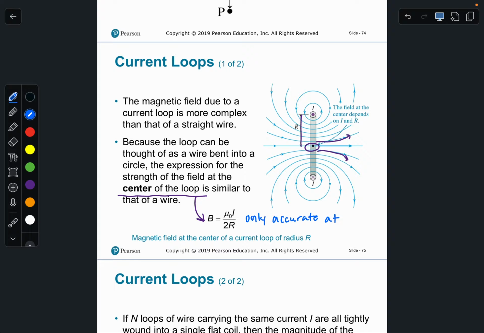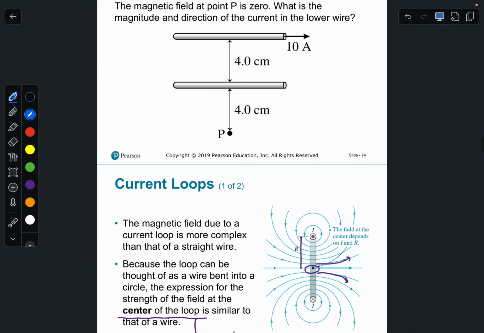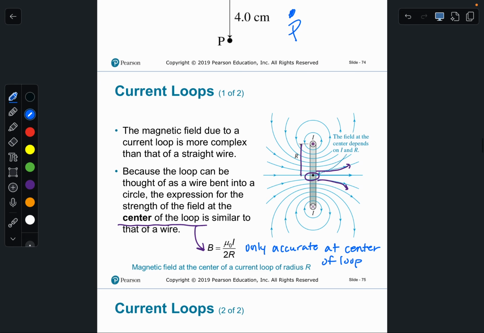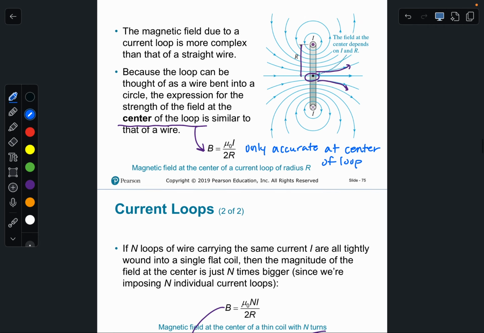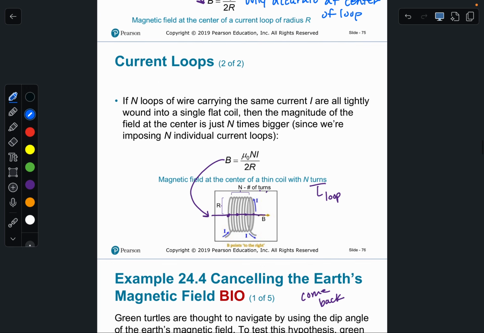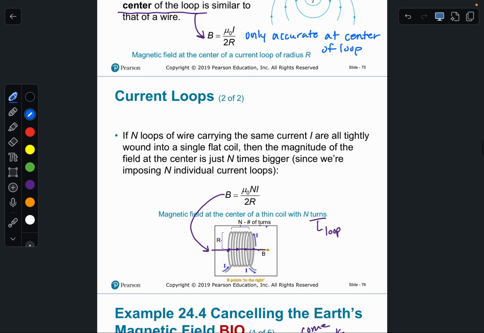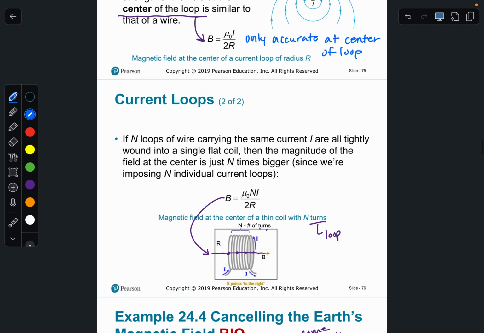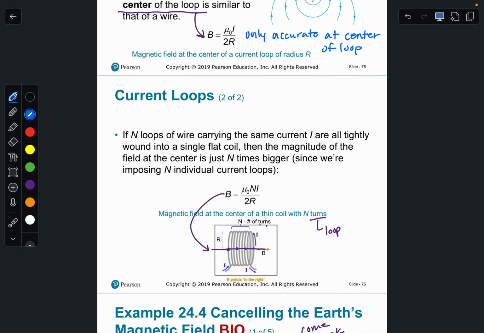Whereas with the previous equation, you could calculate P over here, over here, over here. This equation is only valid for the very center of the loop. And when you have multiple current loops, like a solenoid, all you do is multiply by n, the number of loops or turns. We call them turns in the solenoid.